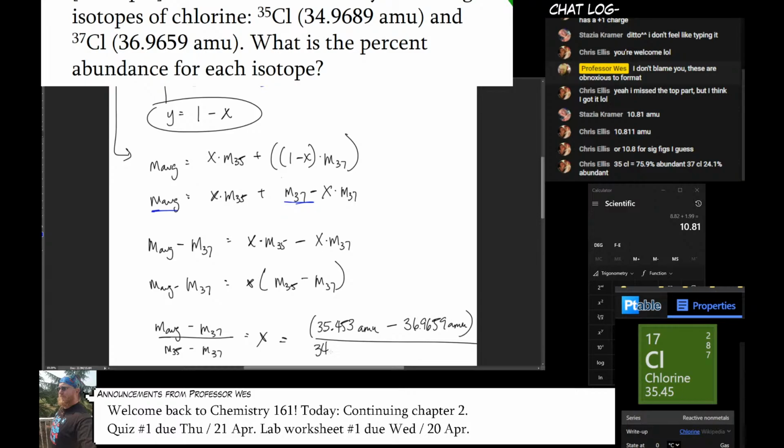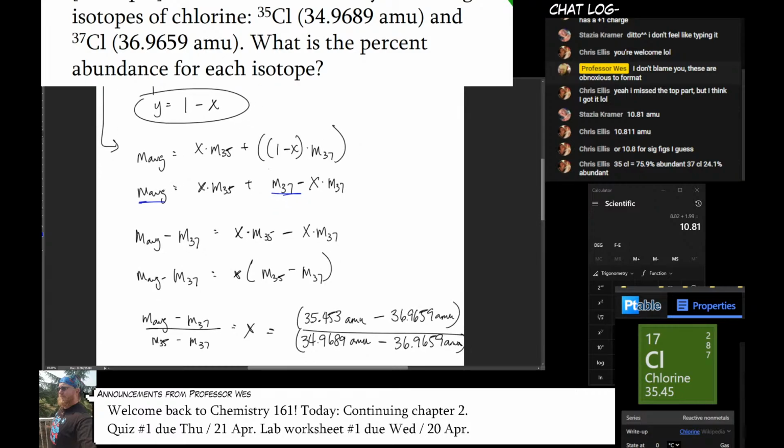35, which is 34.9689. No, don't put a parenthesis there. That's not where it goes. And then finally 37 again, which is that.